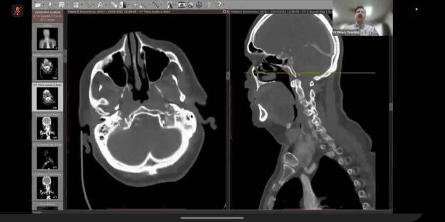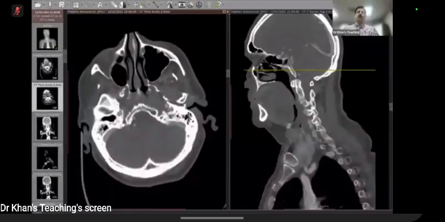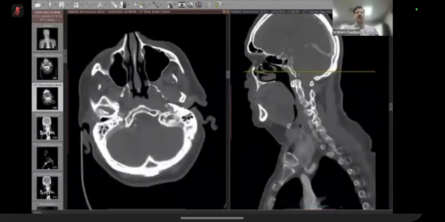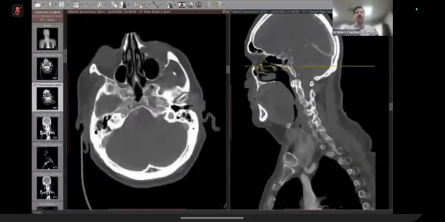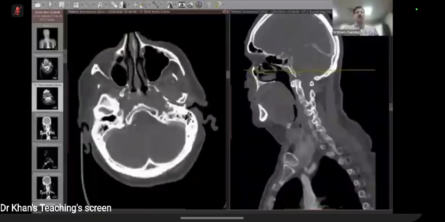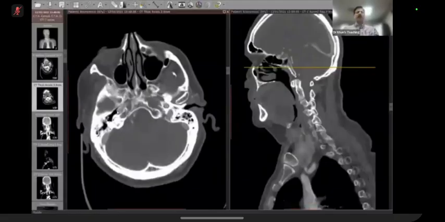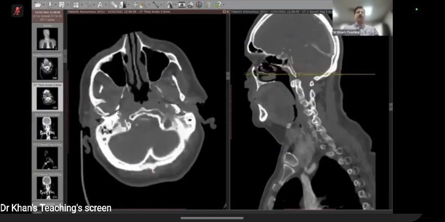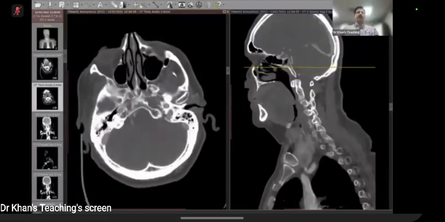Similarly, in high riding jugular foramen, the internal jugular vein can project into the middle ear cavity. We call it high riding dehiscent jugular foramen. But these are normal variants. Otherwise, normally, key point to remember, jugular foramen will be the floor and the carotid canal will be the anterior wall of the middle ear cavity.